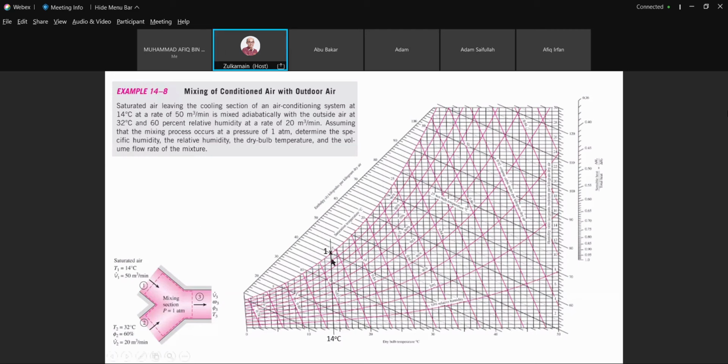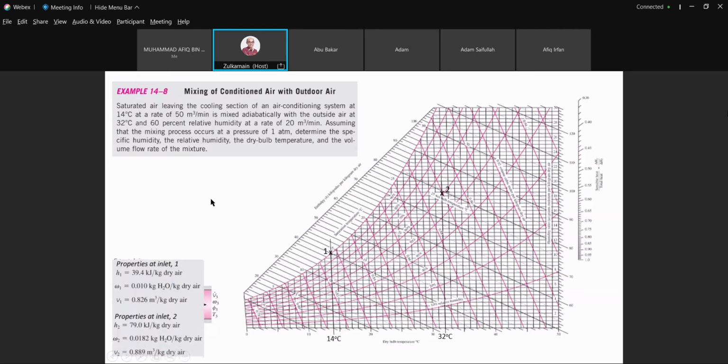This is the saturated point, 14 degrees, saturated. Usually this is the return air. Oh, sorry, this is the return air, and this is our fresh charge air. And then after that, we are going to plot state 2 at 32 degrees C, 60%. So that is state 2.